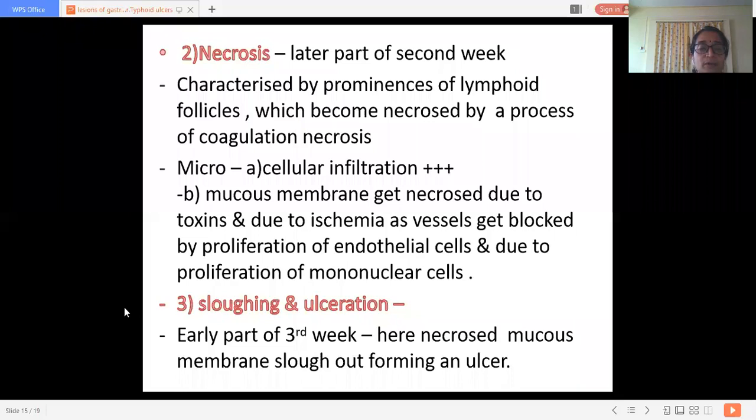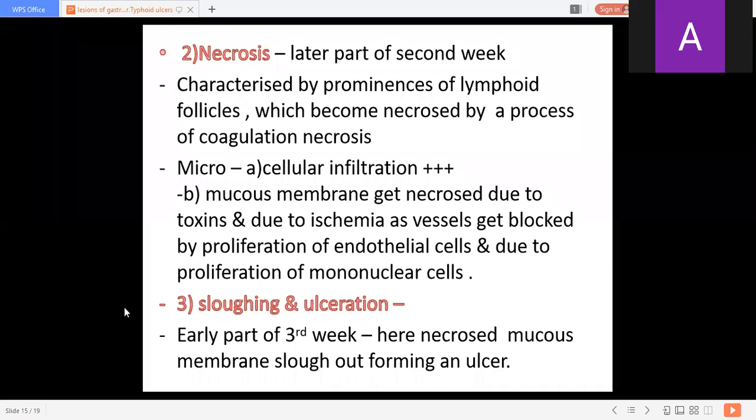What is the meaning of sloughing? It is the flowing out of all the debris out of these ulcers, out of this necrosed area. So this gets thrown out and there is formation of ulcer.